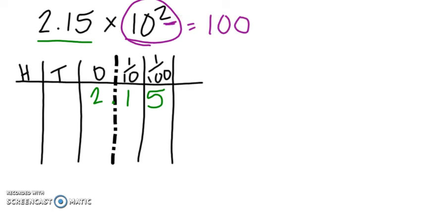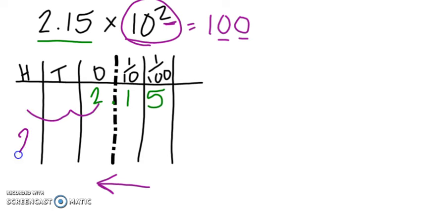Now I am multiplying, so that tells me that my number should be getting bigger and my digits should be shifting to a larger place value on my place value chart, so they should be shifting to the left. So I have 2 zeros, so each digit will shift 2 times. 1, 2.